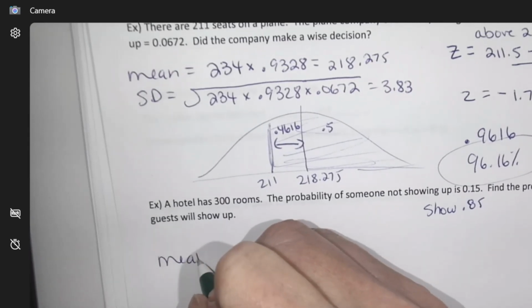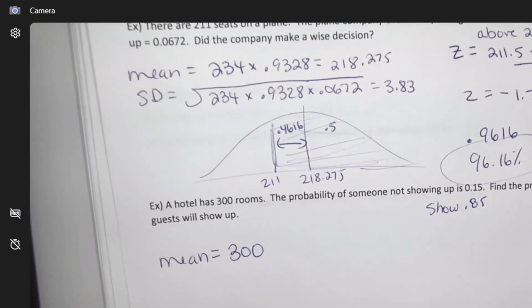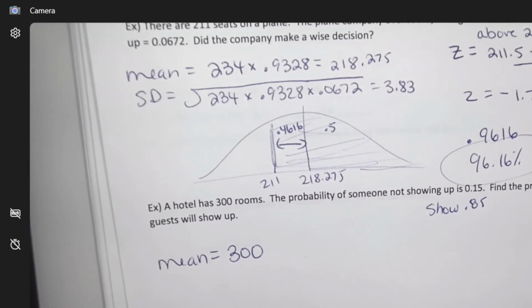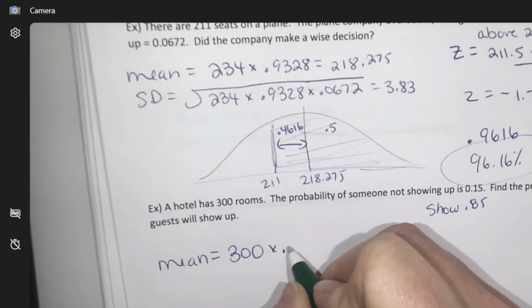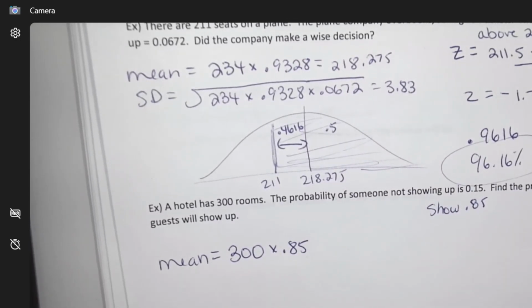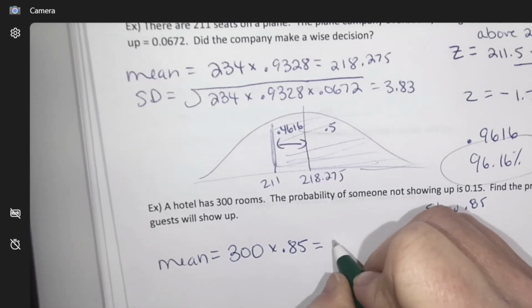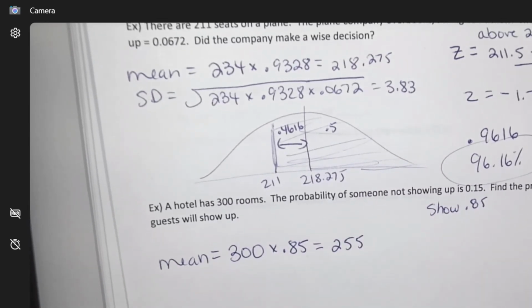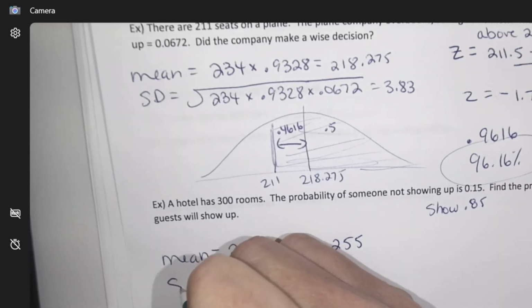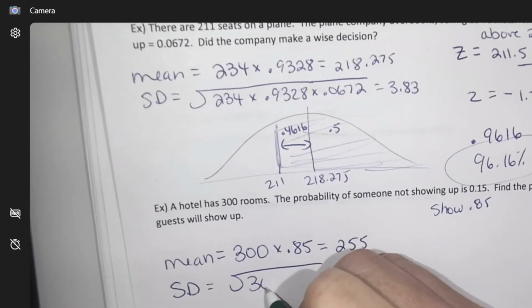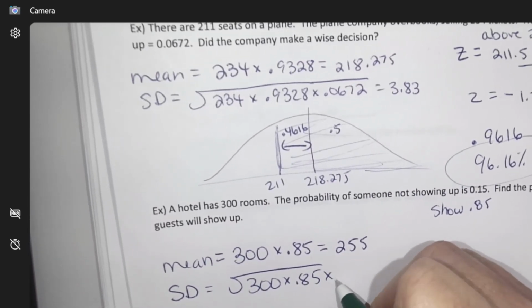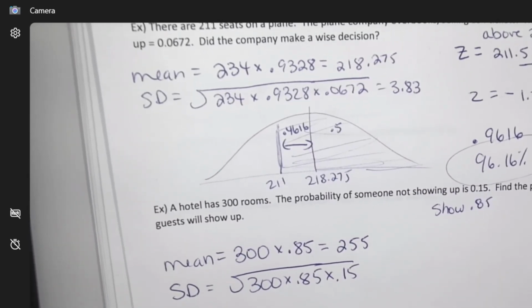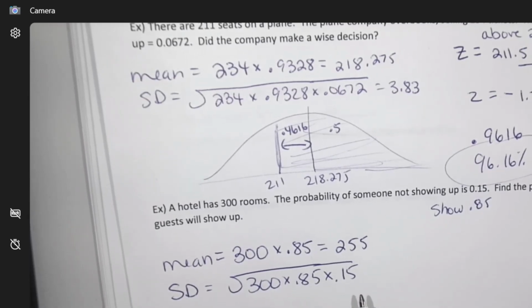The mean is these 300 rooms times the 85% chance that they're coming, which means you're going to expect 255 guests. Standard deviation is the square root of n times the p probability times the opposite probability.